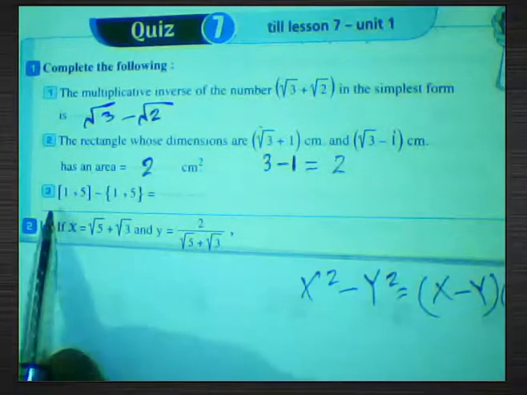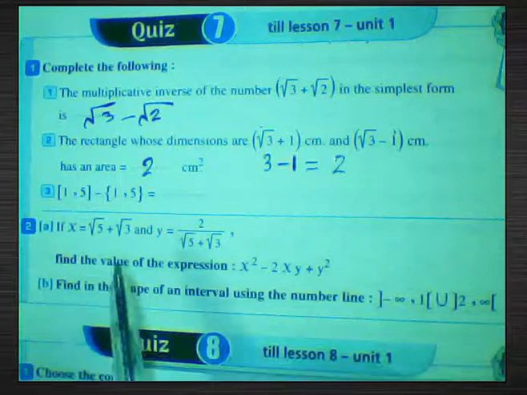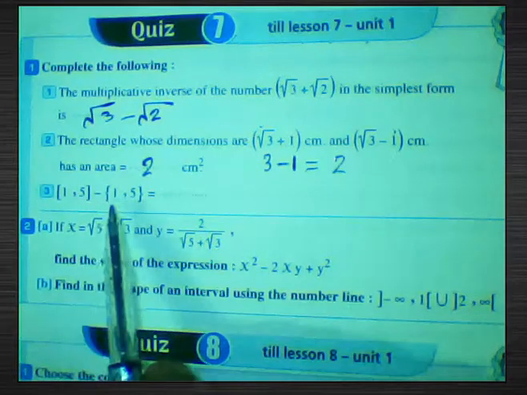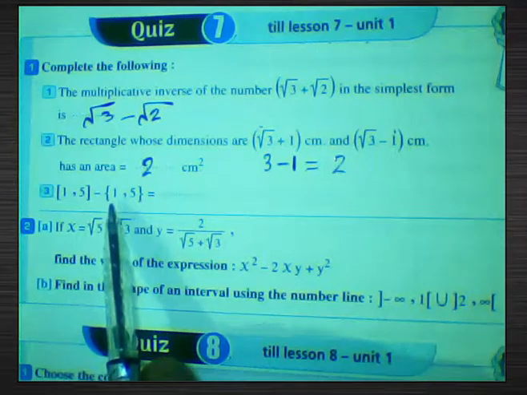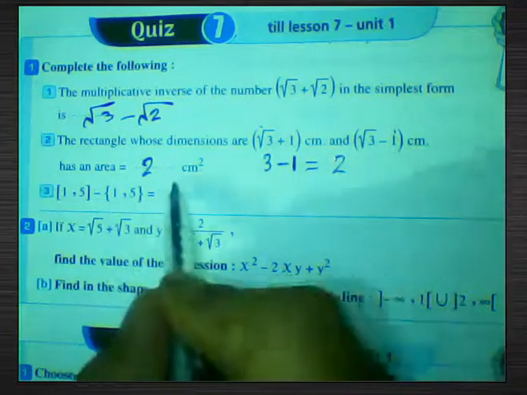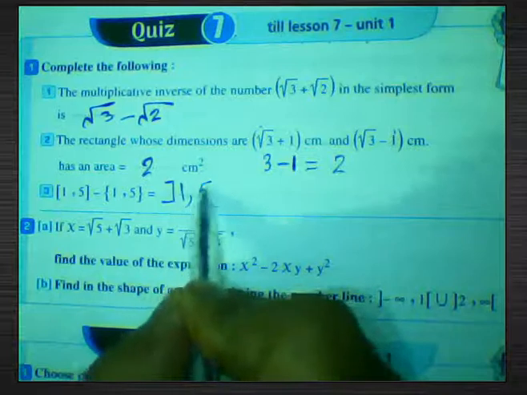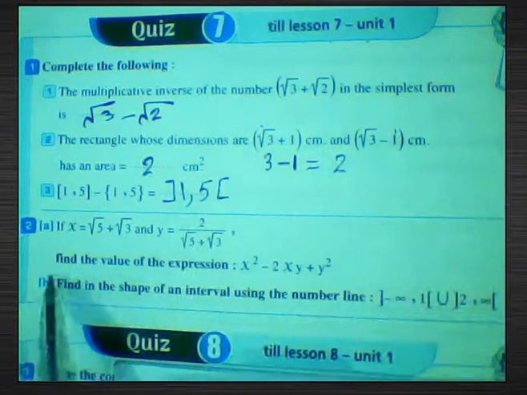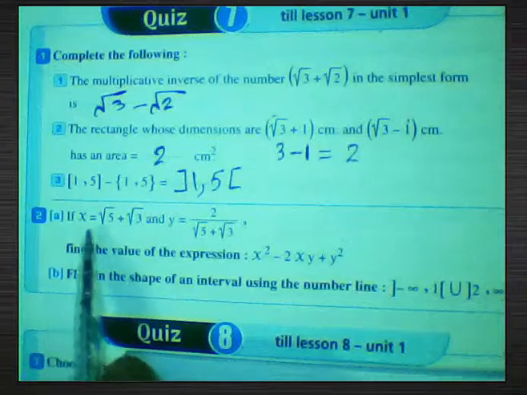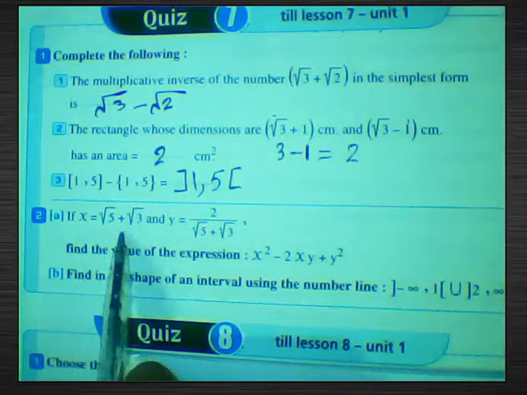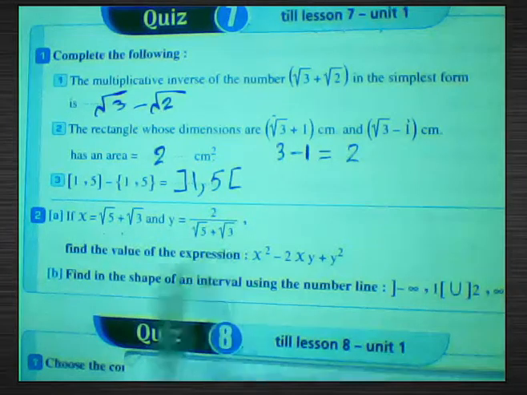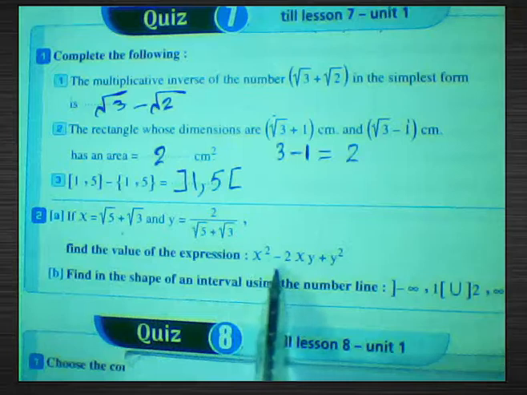Question number 3, the closed interval from 1 to 5, we will cancel the set of 1 and 5, so we will open it here, 1 and 5. It's okay. Question number 2, letter A, if x equals square root of 5 plus square root of 3 and y equals 2 over square root of 5 plus square root of 3, find the value of x power 2 subtract 2xy plus y power 2.